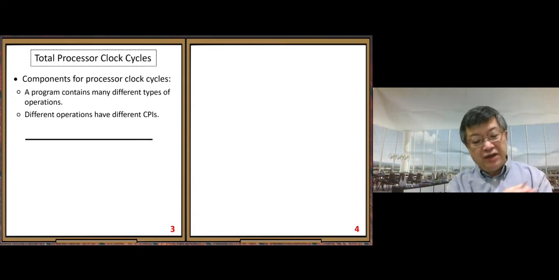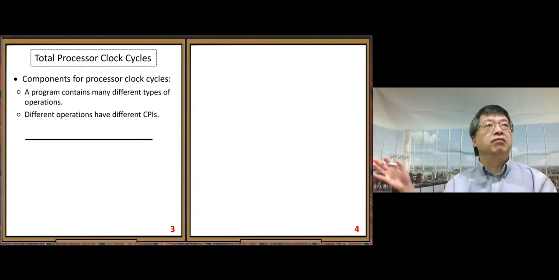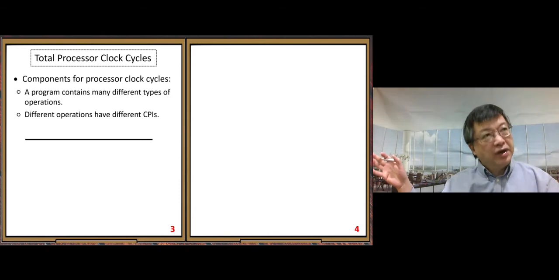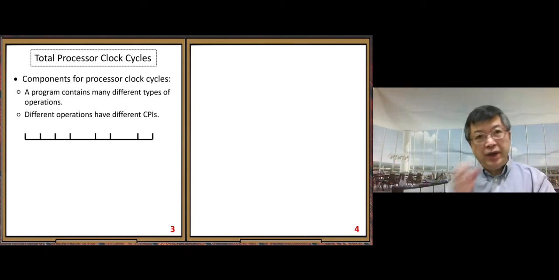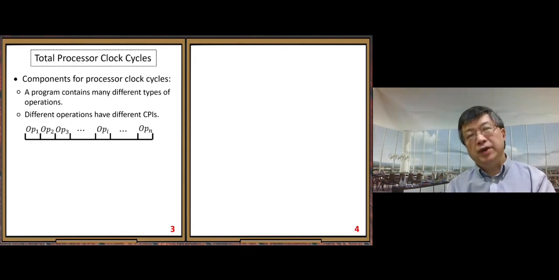So this line segment represents the whole program, all the instructions for one program, and we divide it based on different operations.